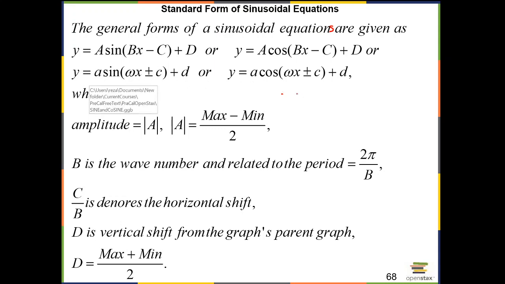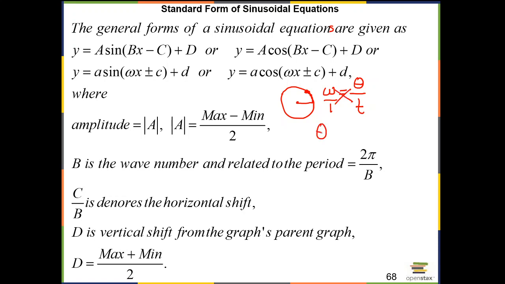Why? Because remember, when something has a circular motion, it has angular velocity. So the angular velocity is how much angle per unit of time. And if you put a 1 here and cross multiply, you get theta equals omega t.